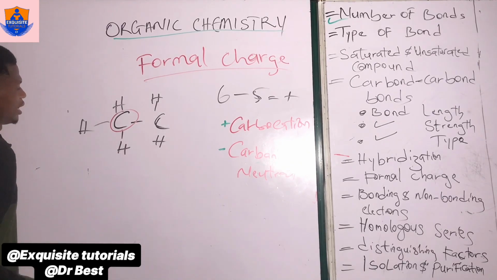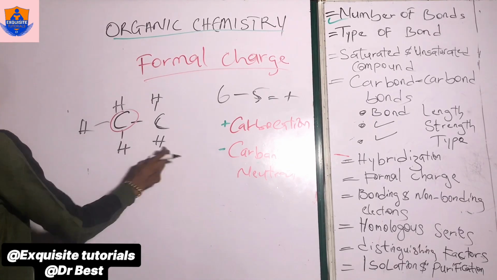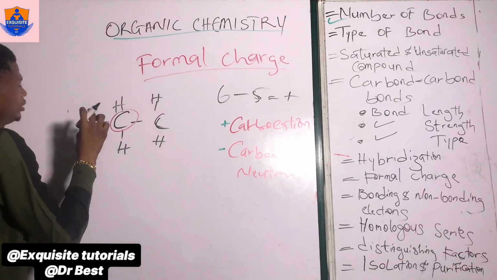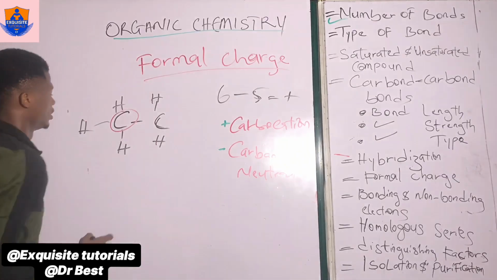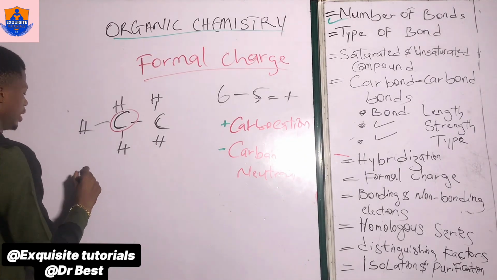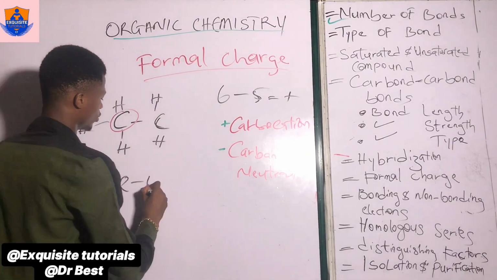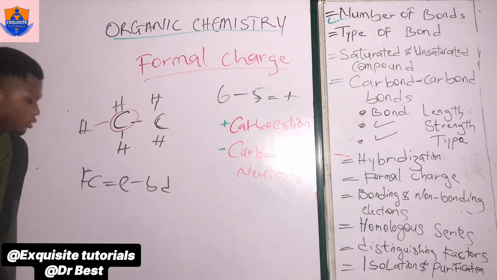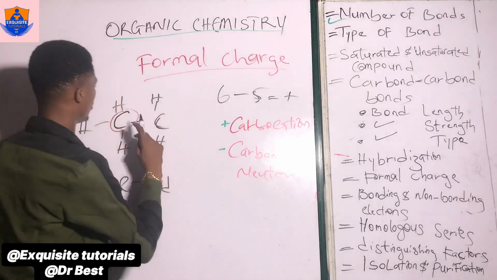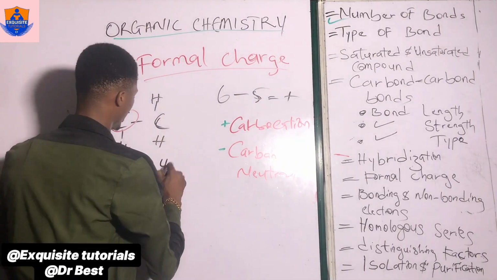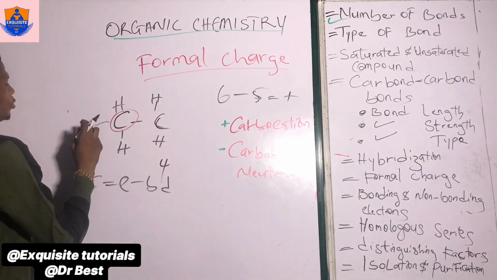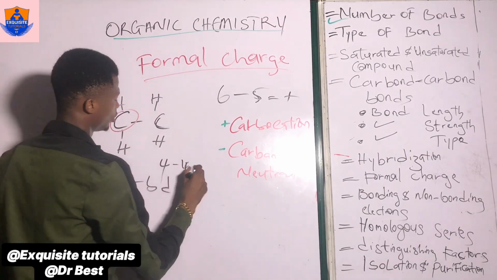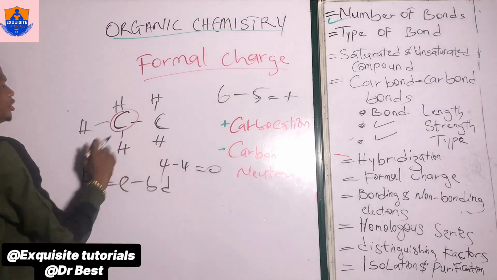Now we made us to understand that formal charge is equal to number of electrons minus number of bonds minus dots. FC is equal to E minus B minus D. The number of electrons of carbon here is 4, right? Minus bonds, 1, 2, 3, 4, minus 4. So the formal charge is equal to 0. So this carbon is neutral.